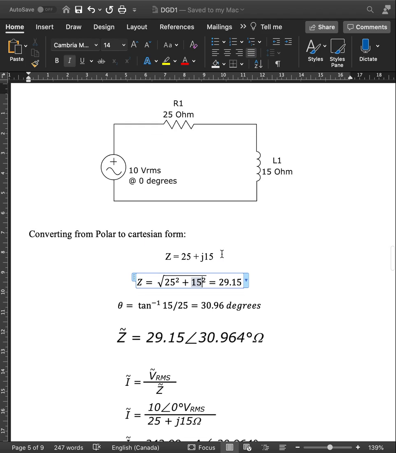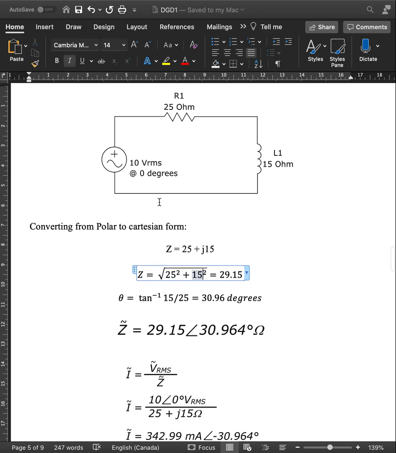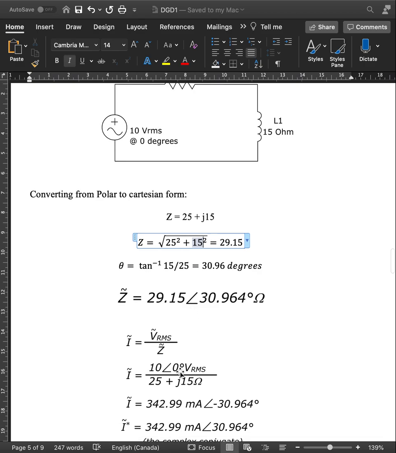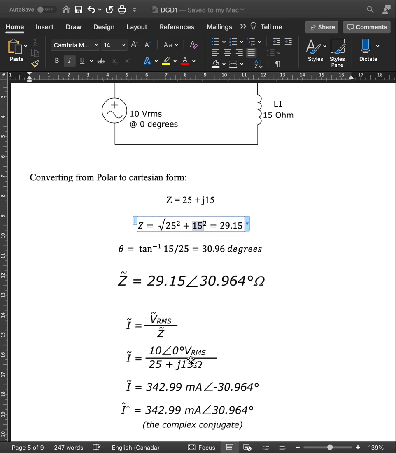Okay. Moving forward, solving the equation V is equal to IR, the basic equation, we find the current in the whole circuit first of all. We have the given V RMS, so that is 10 at 0 degrees. The source generally has 0 degrees to begin with. Then we have the polar and the Cartesian forms, we convert them, and then you just solve it.